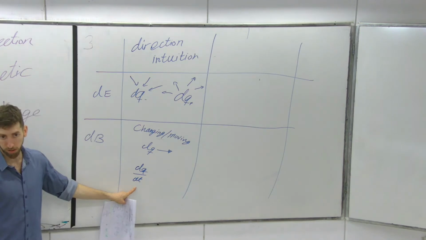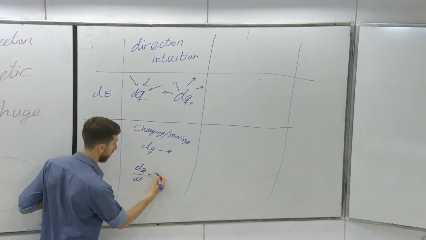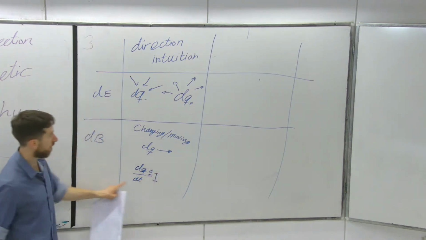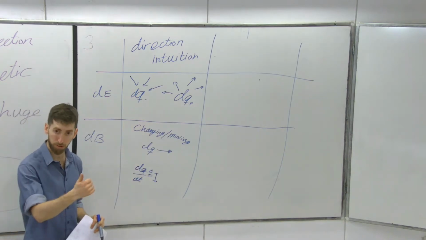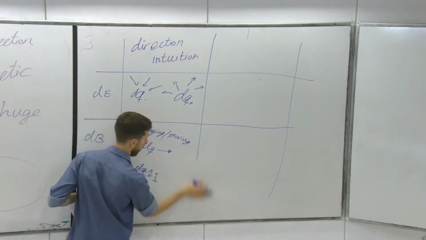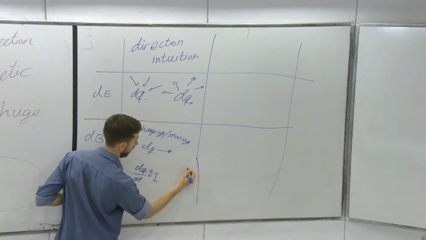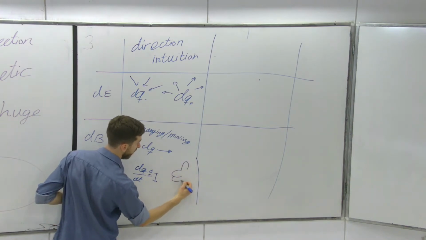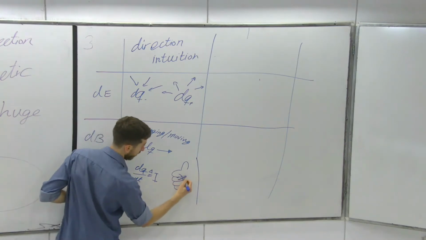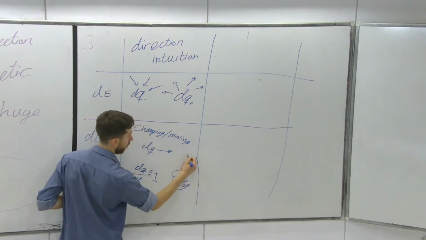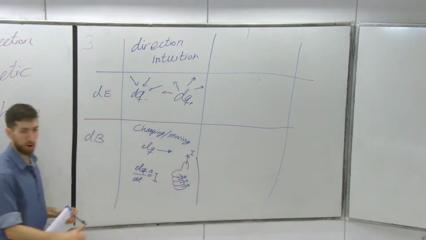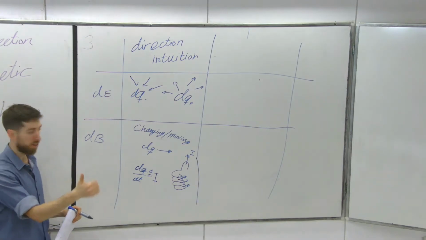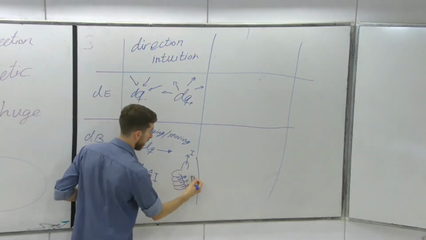It's a current, right? This is the definition. So how does the right-hand rule go? The right-hand rule, the first one, is asking you what? That the thumb shows you where to put the current, and the fingers curl and show you where the magnetic field is.